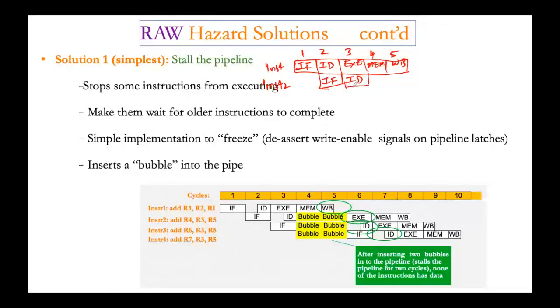In the third cycle, the instruction fetching stage is idle for instruction 3, because in the third cycle, the first instruction is in the execution stage and the second instruction is in the instruction decode stage, so it is free for your instruction 3, right?